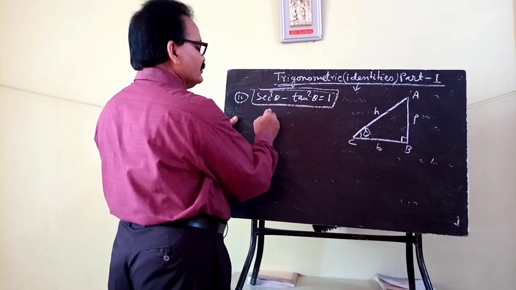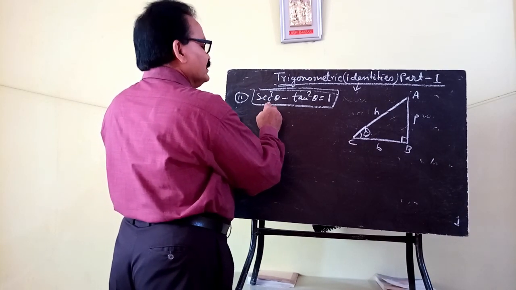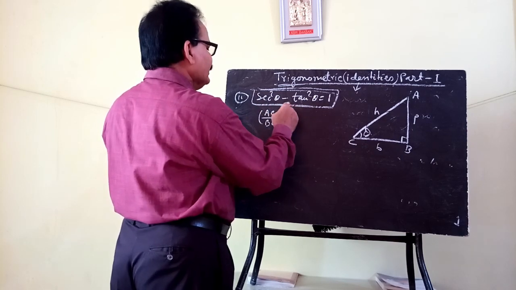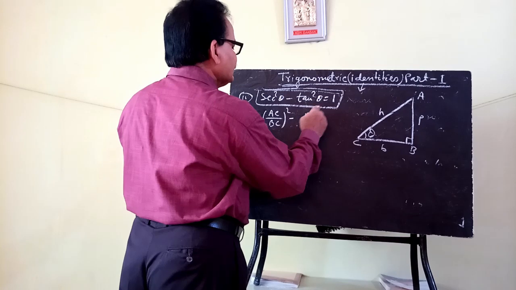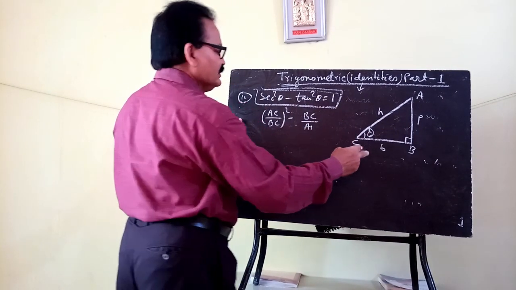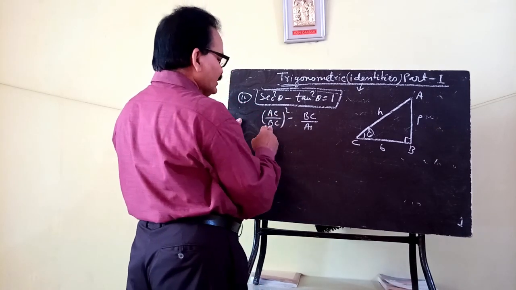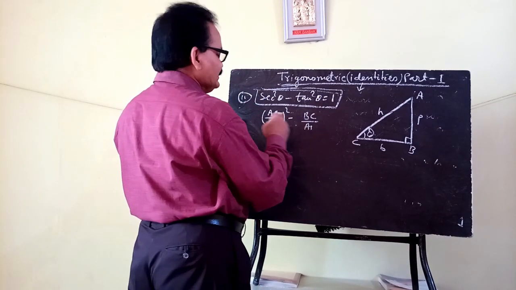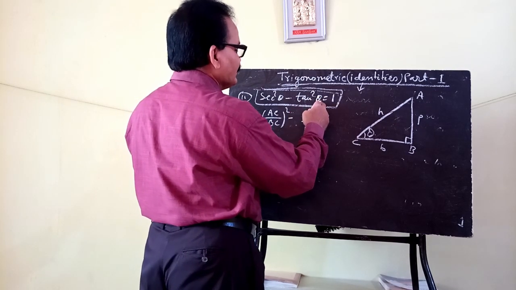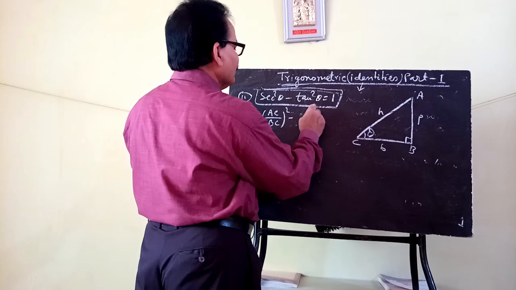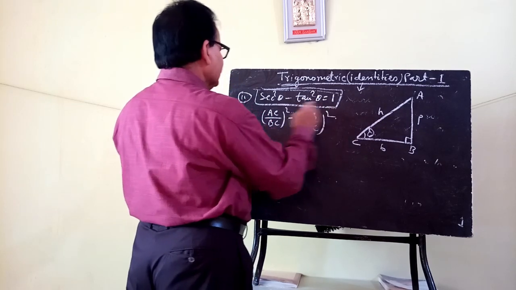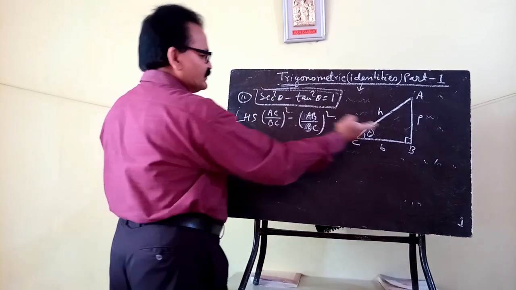So this will be AC by BC whole square minus tan theta, which means AB by BC whole square. These are the values from figure.